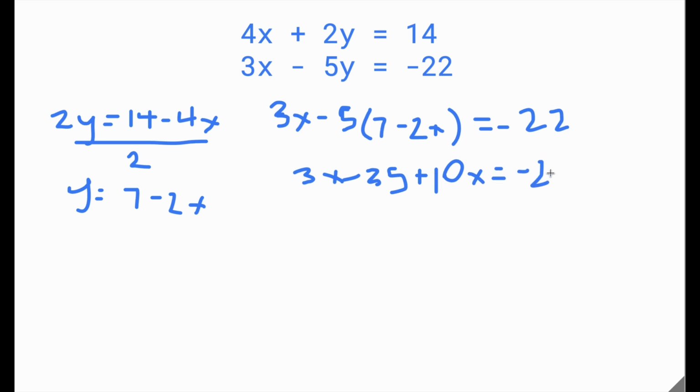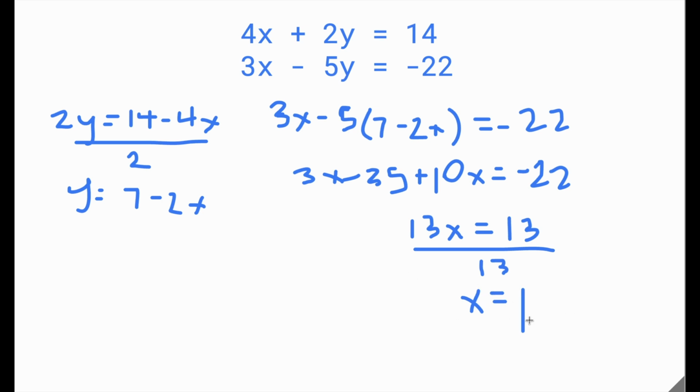So on this side, I can just combine like terms, and while I'm doing that, I'm also just going to bring this 35 over to the other side. So if I combine these like terms, that's 3x plus 10x, it's 13x. And then if I were to add 35 to both sides, it's negative 22 plus 35, which also gives me 13. So that works out very well because I can divide both sides by 13, giving me x equals 1.